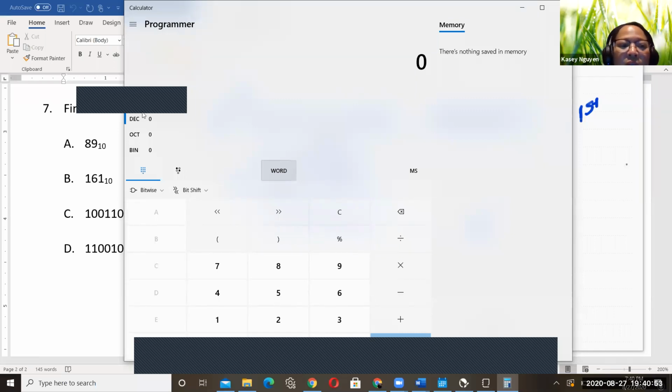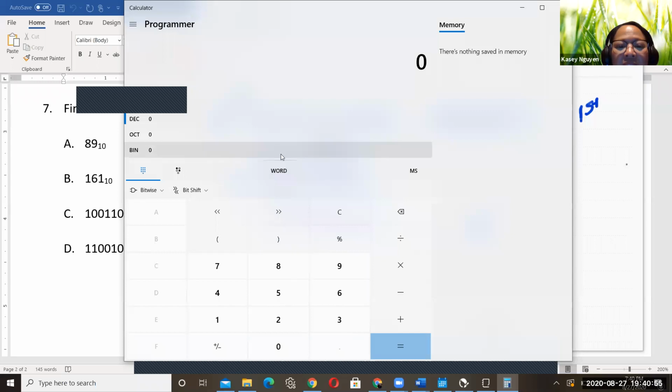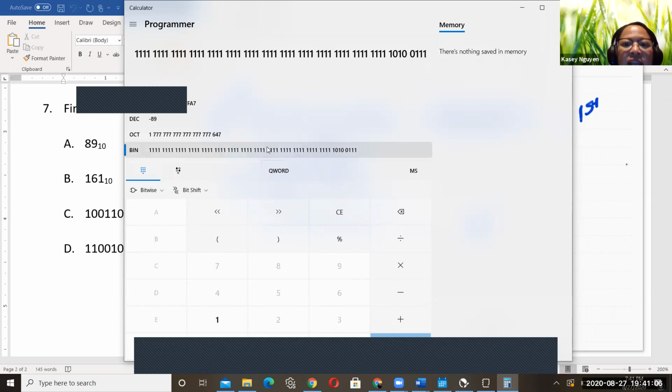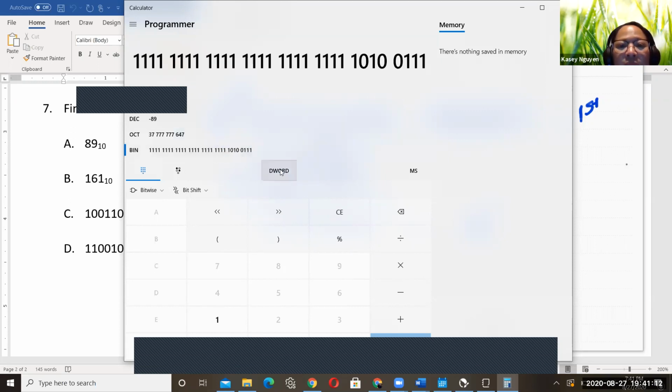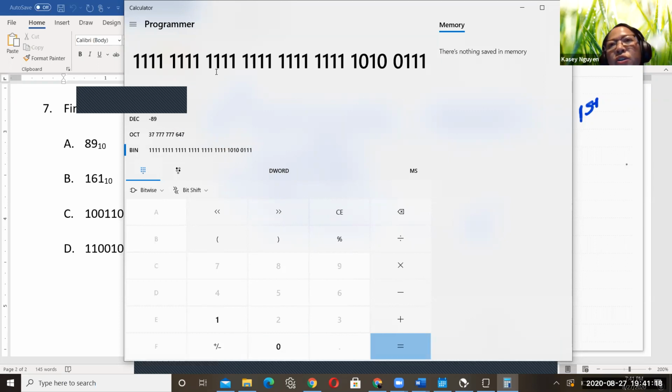So if we go back to 7A, let's say that I start with the Q word. If I do a negative 89, you see how it fills in the rest of them with ones in the front right here. But if you shrink it down to 32-bit, it reduces it down to what was stored in that allocation for 32-bit.